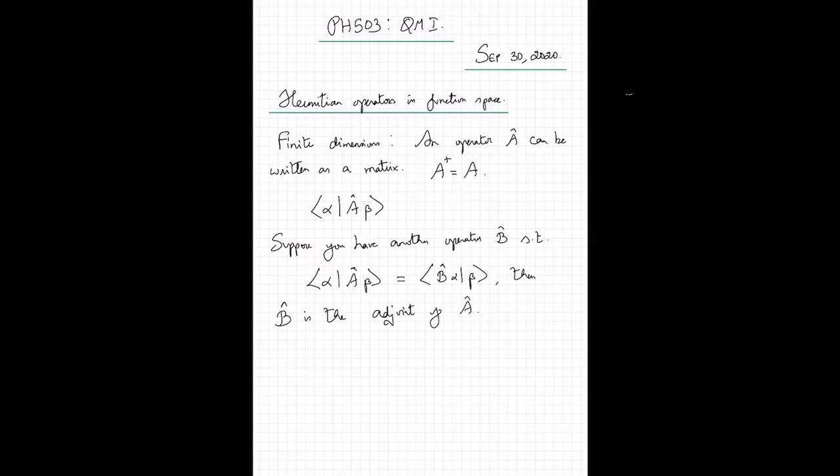The symbol for the adjoint of A, as you know, is A dagger. So we say B is equal to A dagger.